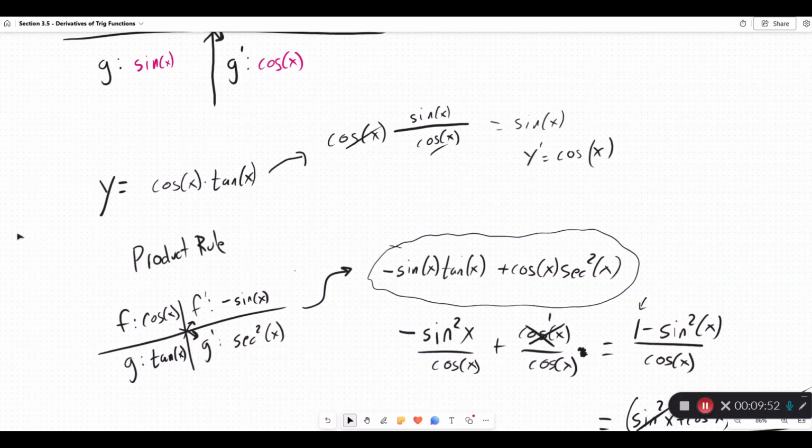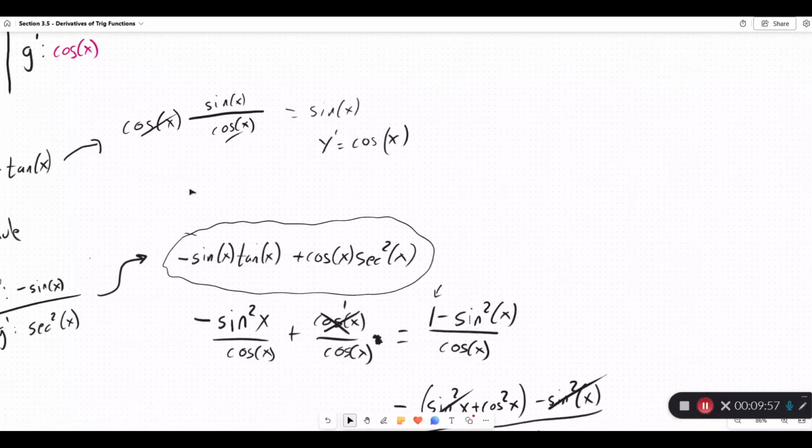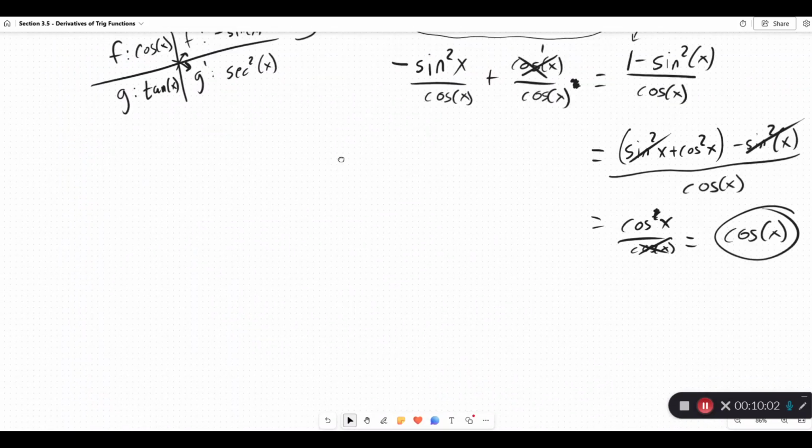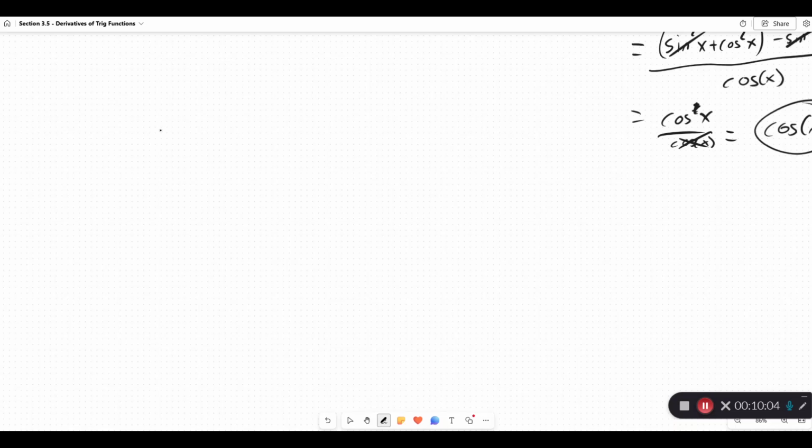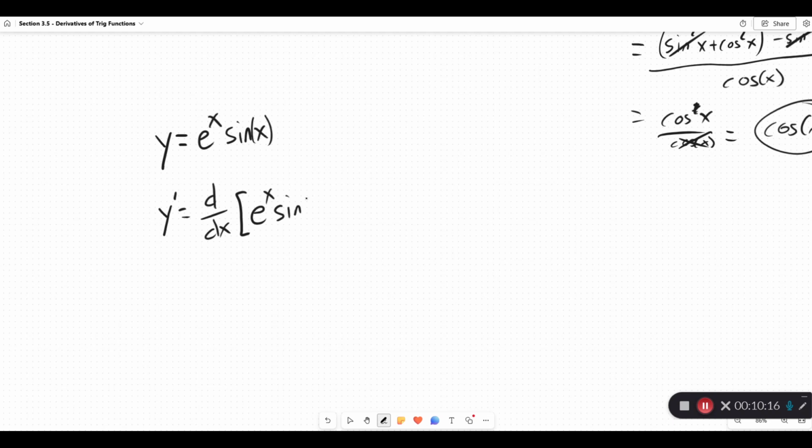Okay, let's talk second derivative. So, as we know, the derivative is something we can do to functions. We can also do something called the second derivative. If y is e to the x times sine of x, y prime is going to be d over dx of e to the x sine of x. If you think about it, this is just a notational note.